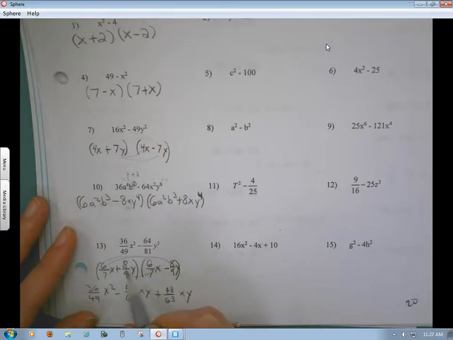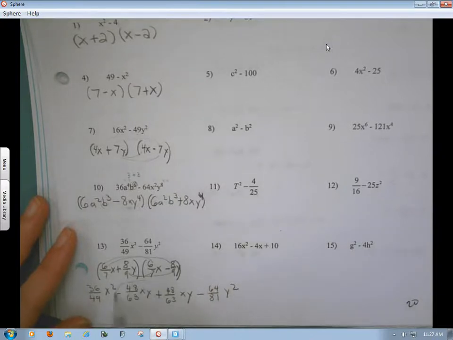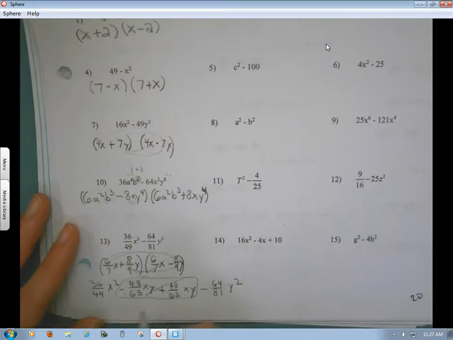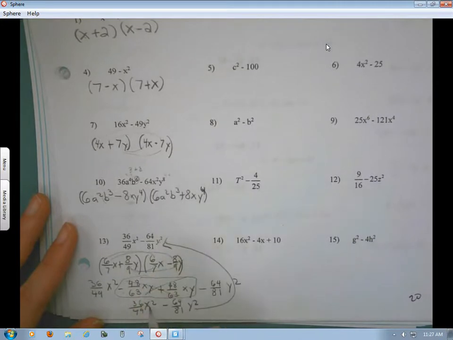And an 8/9 y times a negative 8/9 y gives us a negative 64/81 y squared. These are like terms with different signs, so they actually cancel out, leaving you with 36/49 x squared minus 64/81 y squared, which is what we wanted to get.